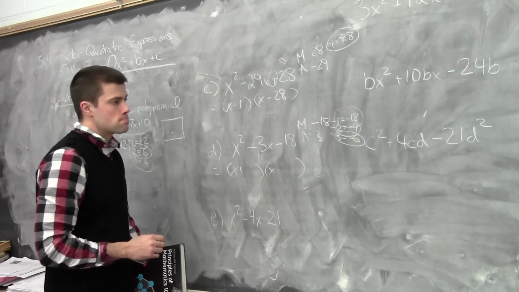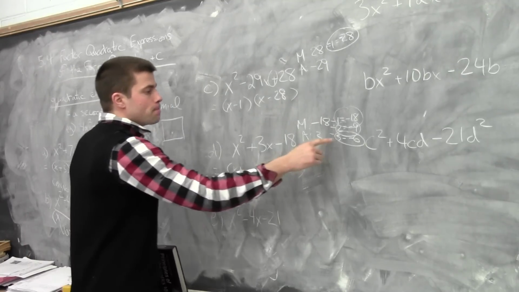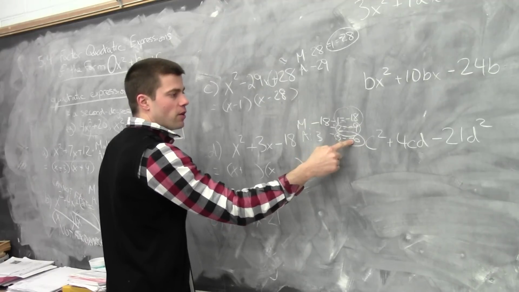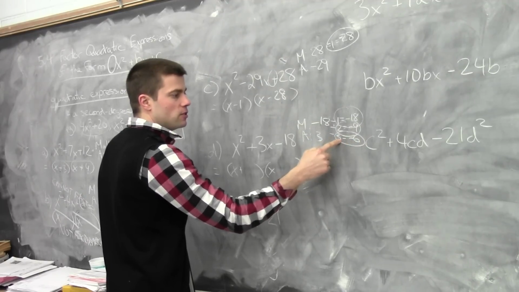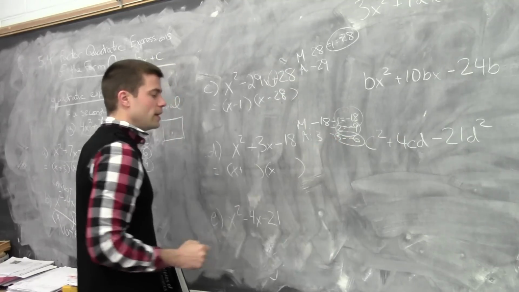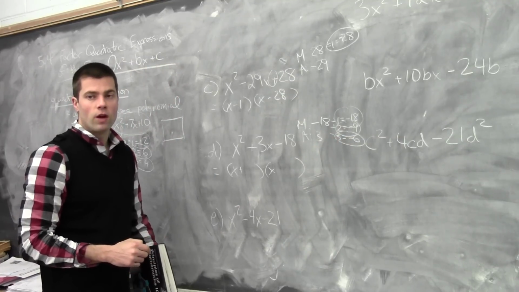So this is tricky, right? The way I have it lined up, it's positive 3 here and negative 6 here. But look, if I add these two, Nicholas, positive 3 plus negative 6, I'm going to get negative 3. So I don't want that.